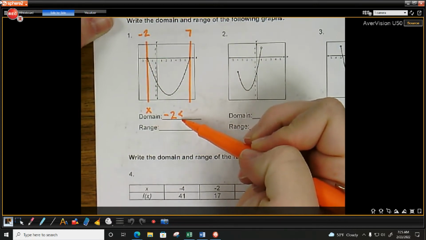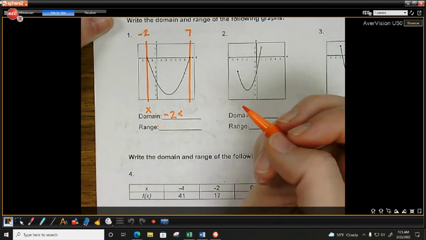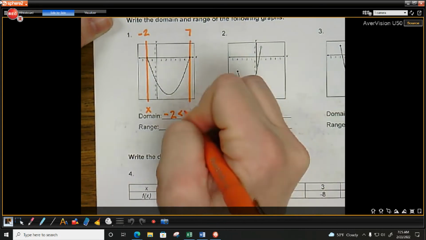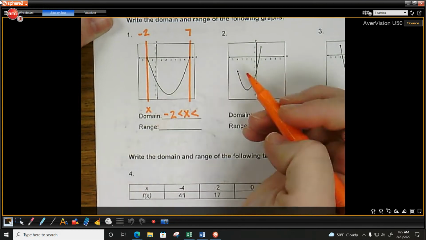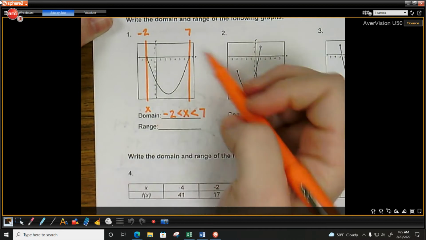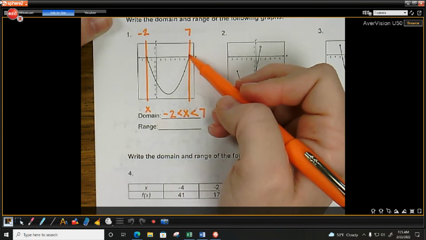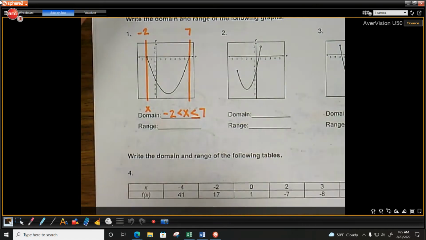You don't see the added ink inside the circle, so don't add ink under the inequality. Okay? What variable is domain? X. Again, we need another less than sign. And what's the big number? 7. What kind of dot, though, do I have at 7? Closed dot. So I do put the equal to on the 7 inequality.